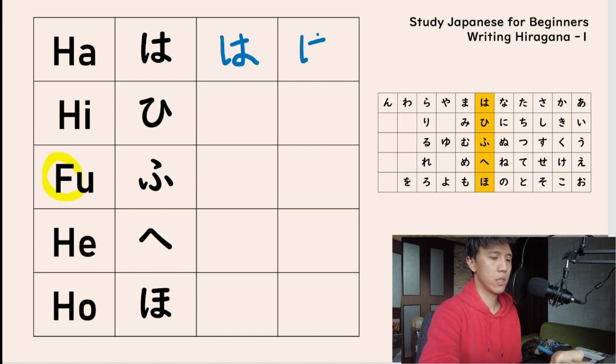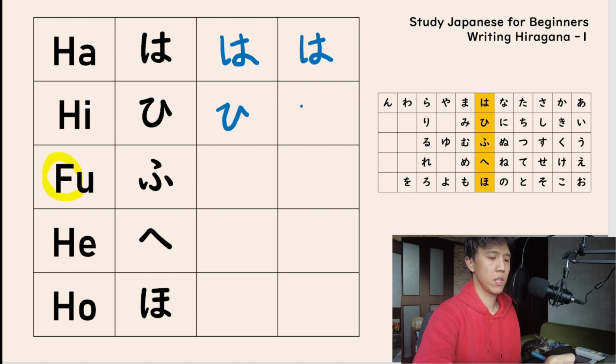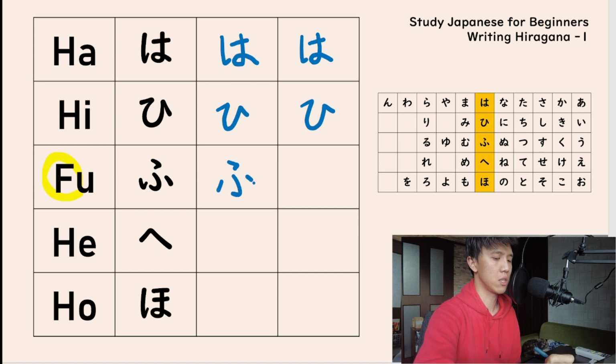1, 2, 3. Okay. Next one is hi. Next one is fu. Not hu, but fu. Okay. 1, 2, 3, 4. Or you can just connect it like 1, 2, 3.